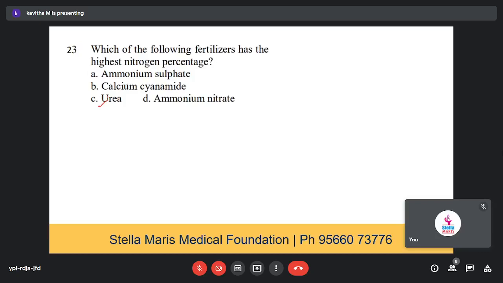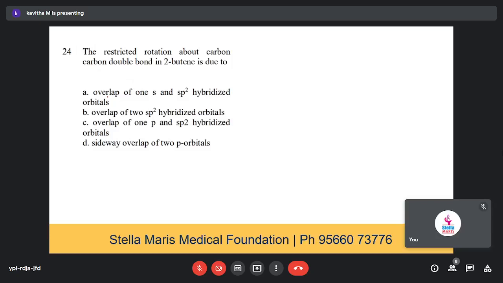The restricted rotation about the carbon-carbon double bond in 2-butene is due to which of these? So the 2-butene structure is CH3 single bond, CH double bond, CH, single bond, CH3.